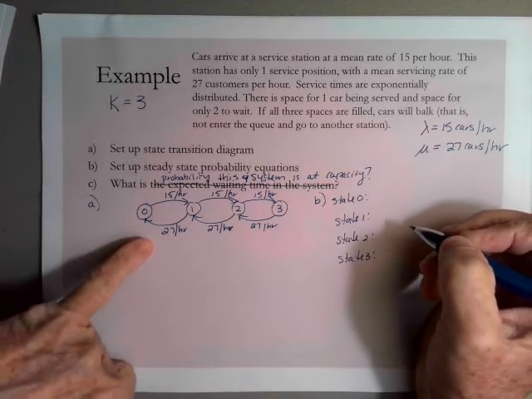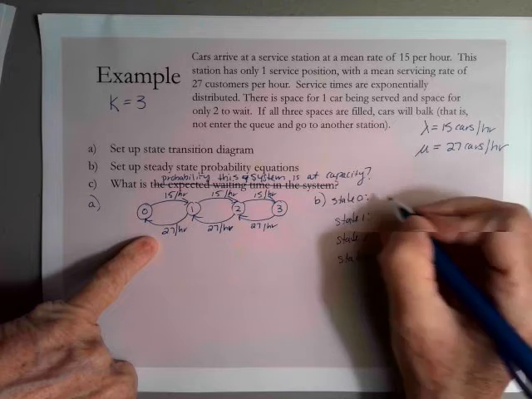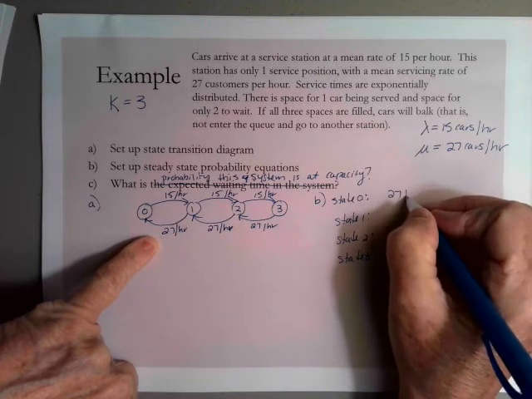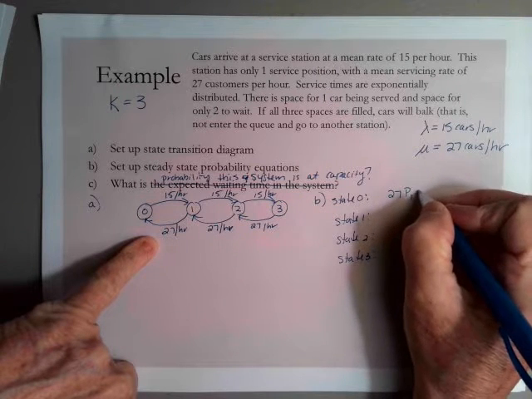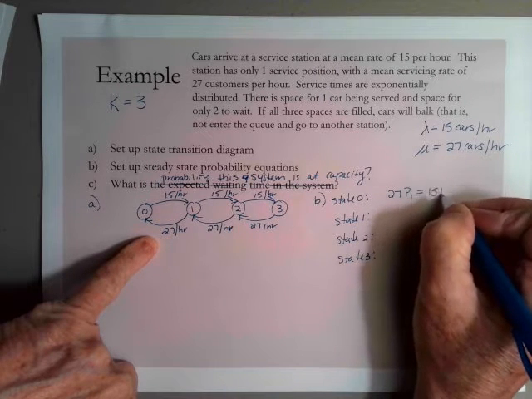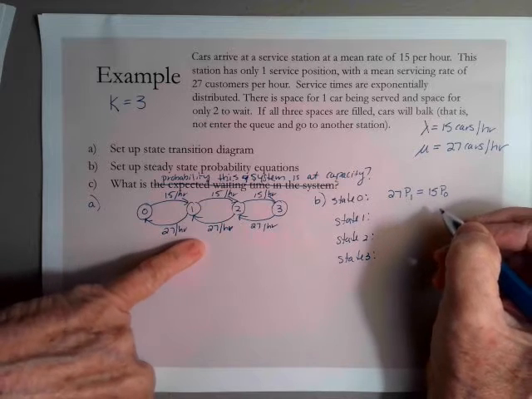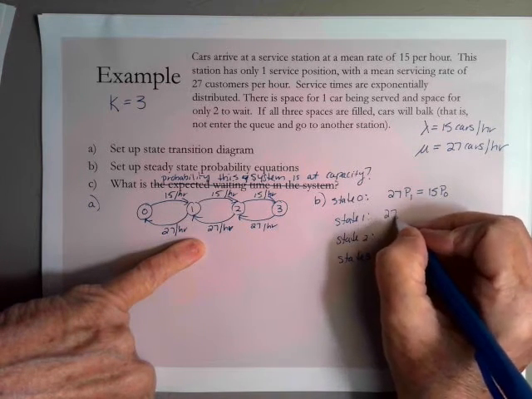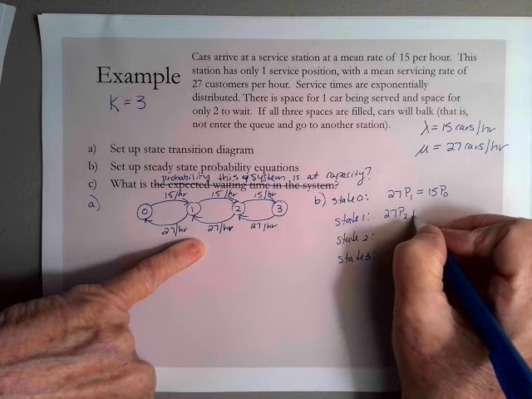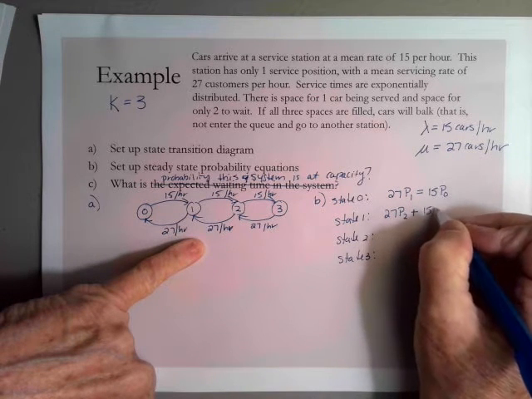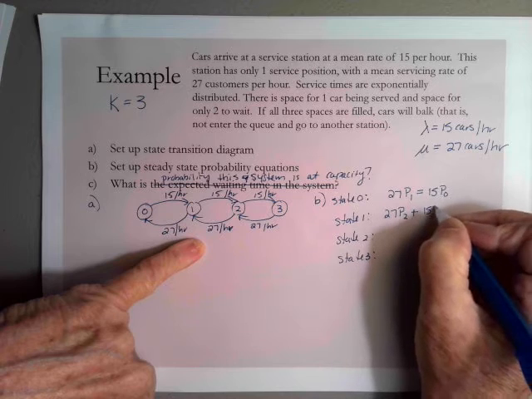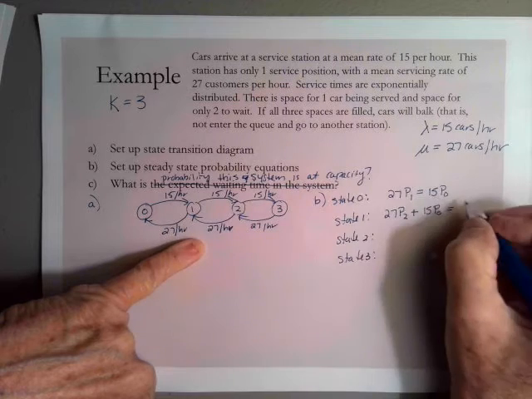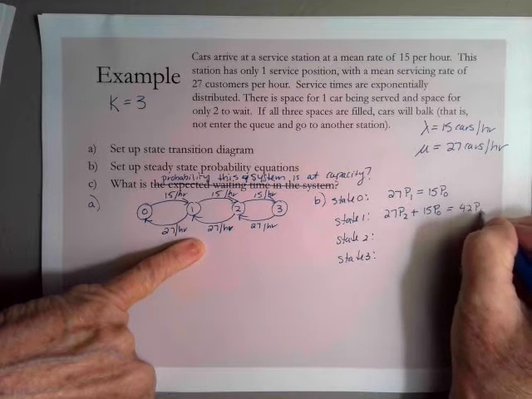The expected rate into state 0 will be 27 times the probability that I'm in state 1, and that has to equal the rate out, which is 15 P0. And then for state 1, the rate in would be 27 P2 plus 15 P0, and that has to equal the rate out, which is 42 P1.